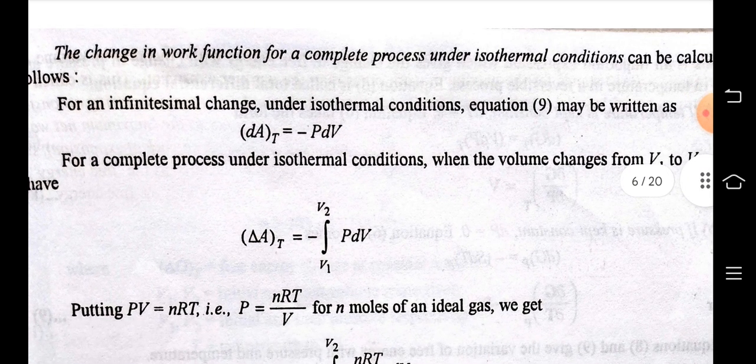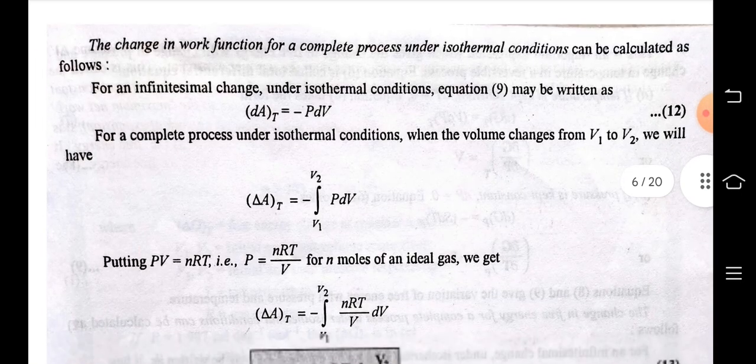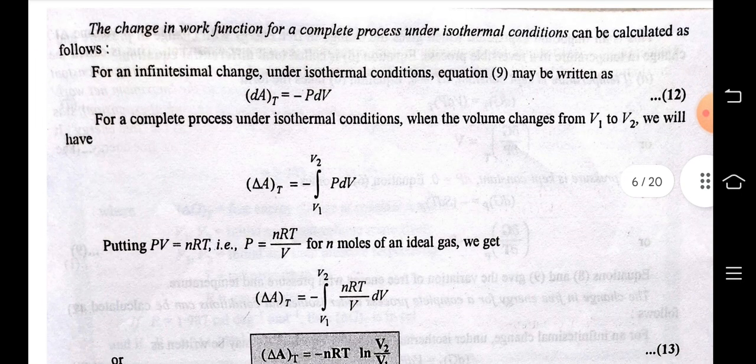The change in work function for a complete process under isothermal condition can be calculated as follows. For an infinitesimal change under isothermal condition, equation 9 may be written as dA at constant temperature is equal to minus P dV. And under isothermal condition, when the volume changes from V1 to V2, we will have ΔA at constant temperature is equal to minus integral from V1 to V2 of P dV.